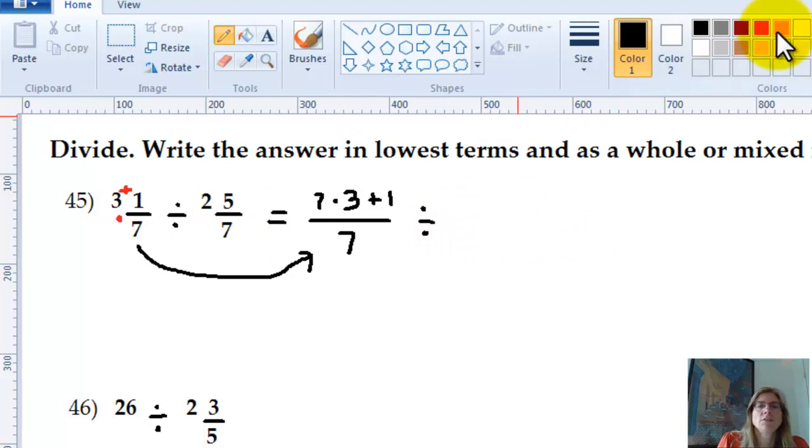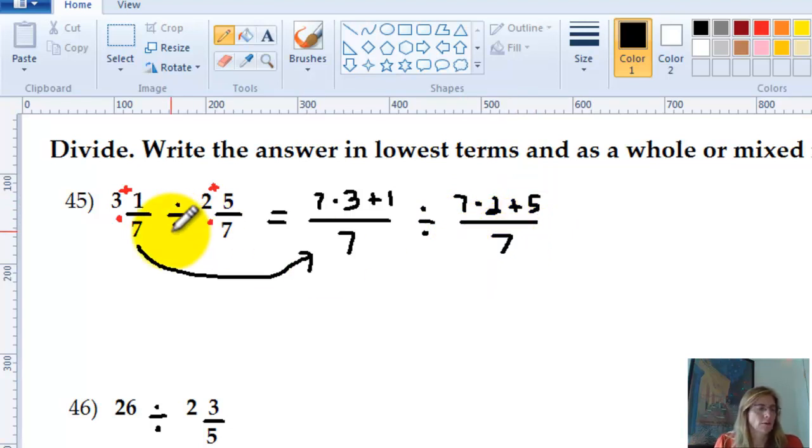And we'll take 7 times 2 plus the 5, 7 times the whole number plus the numerator. 7 times 2 plus 5. So I'm just changing the mixed numbers to improper fractions.